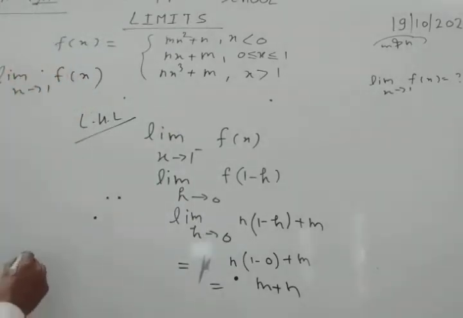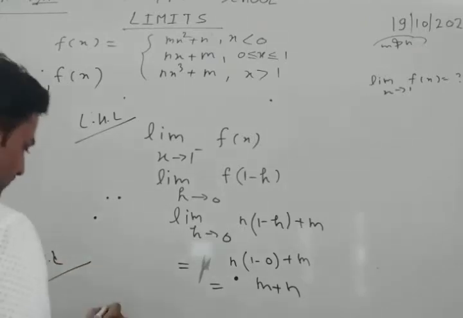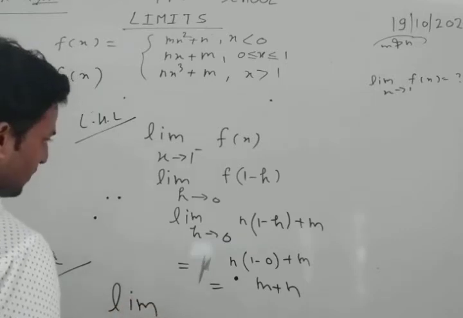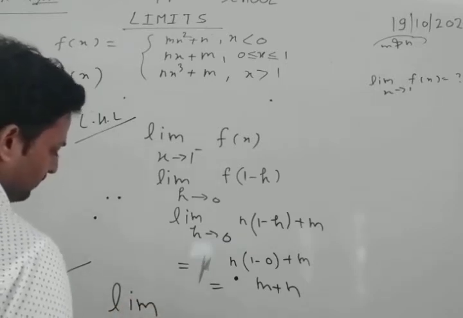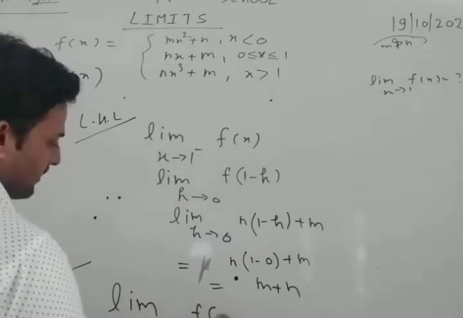Now the right hand limit. Go for the right hand limit, x tends to 1 plus of f(x).